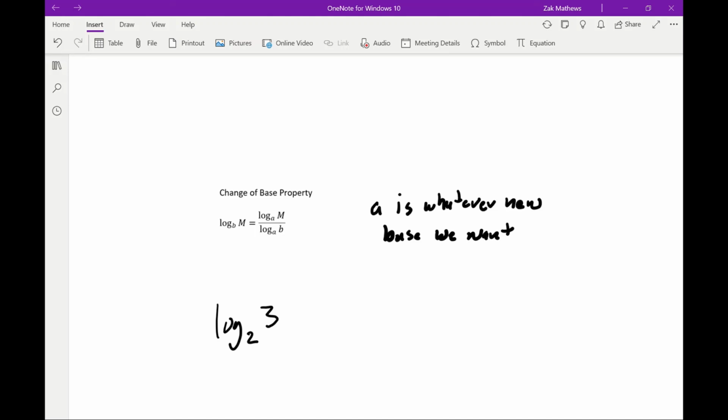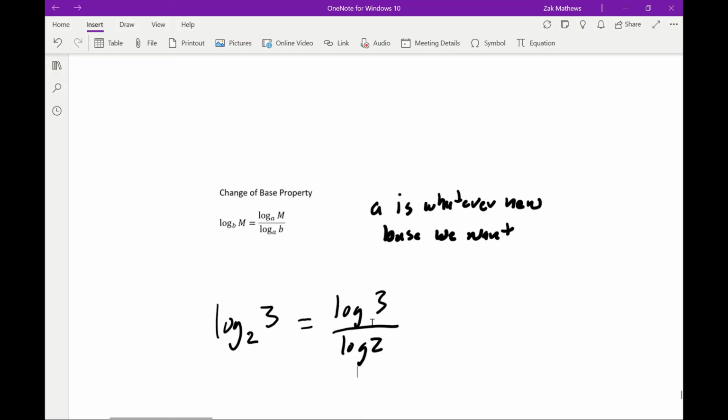So let's come back to this problem, log base 2 of 3. That's the thing I asked you to find just a second ago. Well, I don't have a base of 2 in the calculator, but I do have a base of 10. So if I'm going to change this so that my calculator can evaluate it for me, if I take log of 3 over log of 2, using the change of base property, these two things have to be the same. The a that I've chosen is 10.